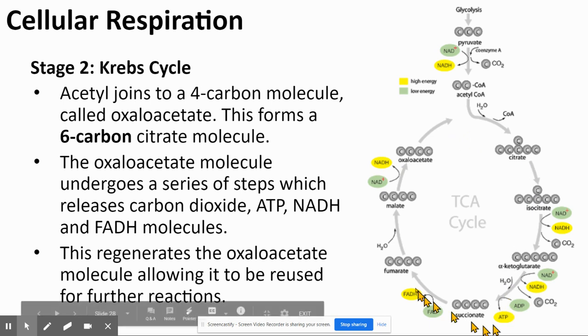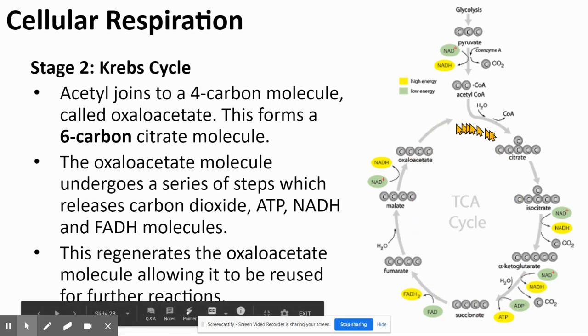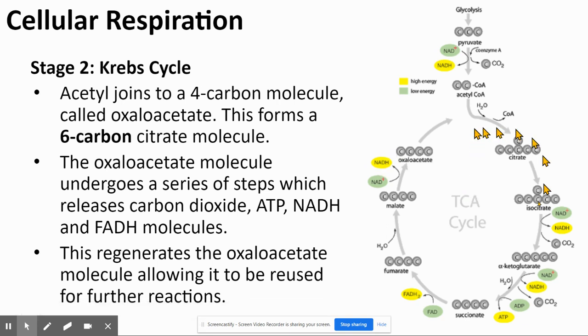And this has to go around twice for each glucose molecule. Okay. So this is a cycle, right? But for each cycle, you're making NADH, and you're making ATP, and you're making FADH2, and here's NADH too, right? So that's what you're doing here.